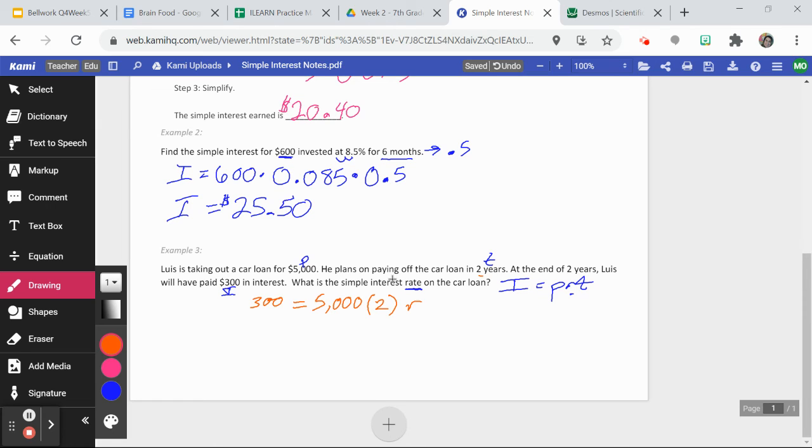Order of operations: we have to find out what this is first before we can do any real division. So 300 equals 2 times 5,000, which is 10,000 R. Just like we did with equations, how do I get my R by itself if I'm multiplying? The inverse operation is division.